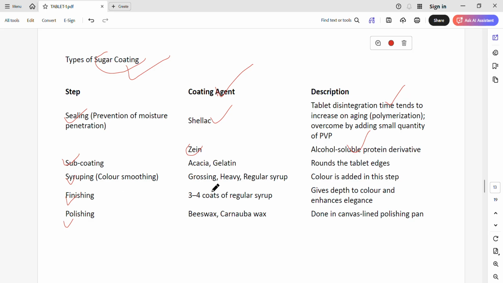For syruping, regular syrup is used. For color stability and finishing, 3 to 4 coats of regular syrup are applied with colorant to enhance elegance. For polishing, biconvex and convex tablets are polished in a polishing pan.